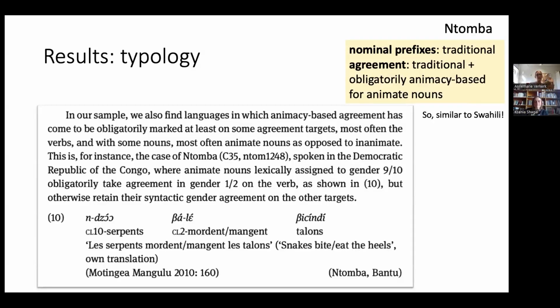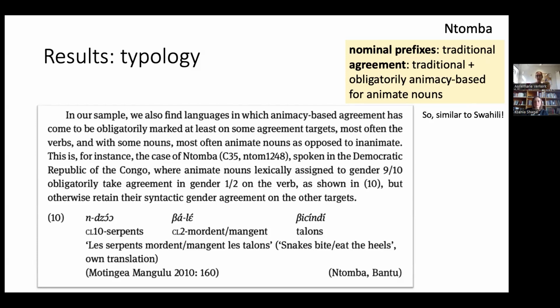Then Tomba has also traditional class marking on nouns, and when it comes to agreement, it's especially nouns that are lexically assigned to gender 9-10. They obligatorily take agreement in gender 1-2 when it comes to the verb, but they retain syntactic gender agreement on other targets, right?